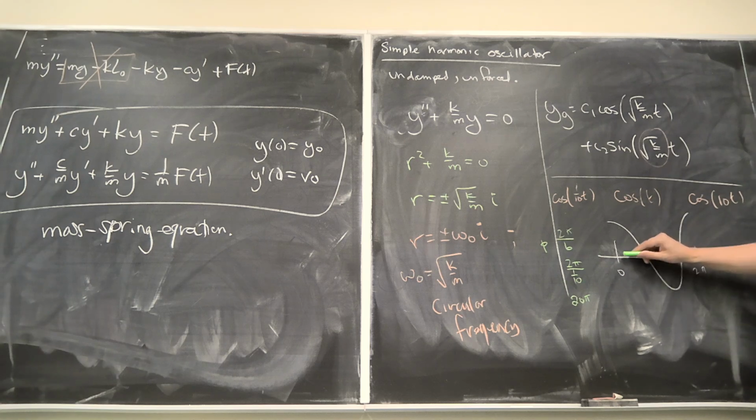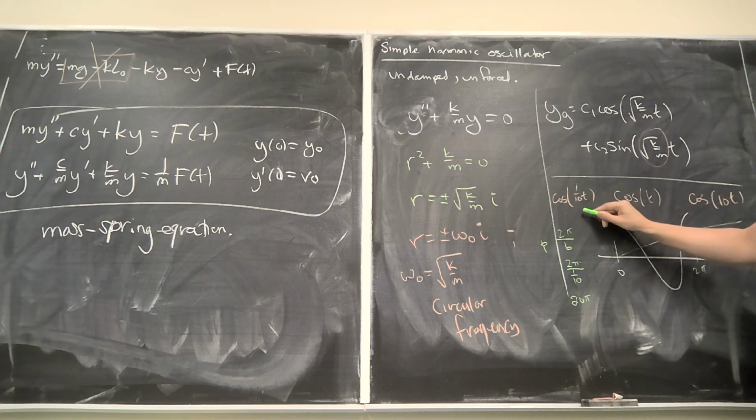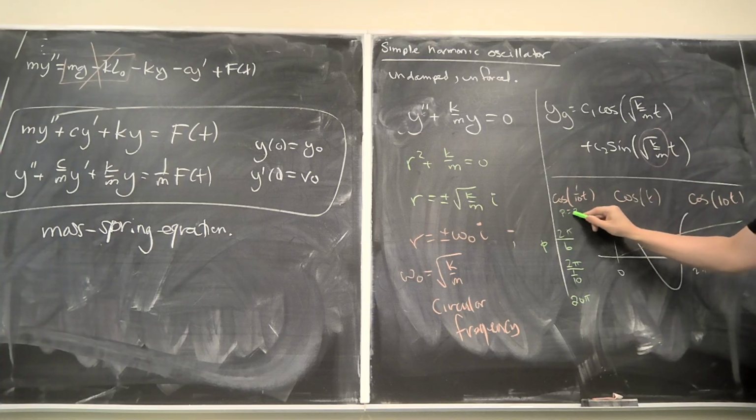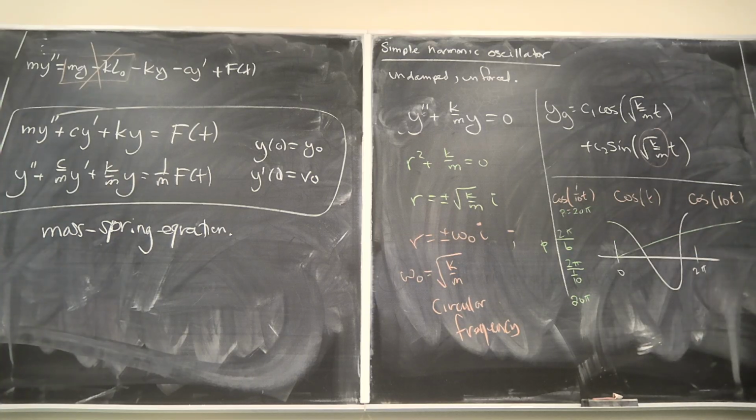So it's trying. It'll get there eventually. Somewhere out here, 10 times further down the line, it will do its first cycle. So that's this guy. The period here is 20 pi. Why did that start at 0? Oh, because I made a mistake. It doesn't suddenly turn into a sine. Yeah, sorry.